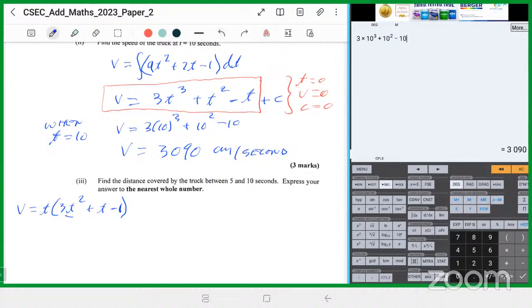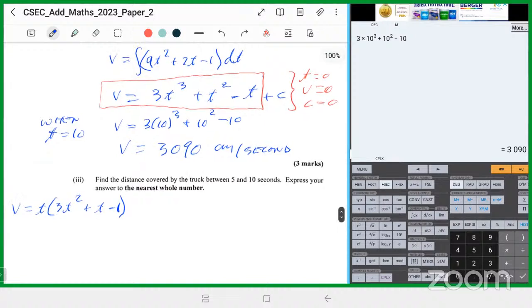So I need to get the roots where it crosses the t-axis. I'm going to solve 3t squared plus t minus 1 equals 0, to see where it crosses the horizontal axis. Again, proper sketch and have a good look at it.